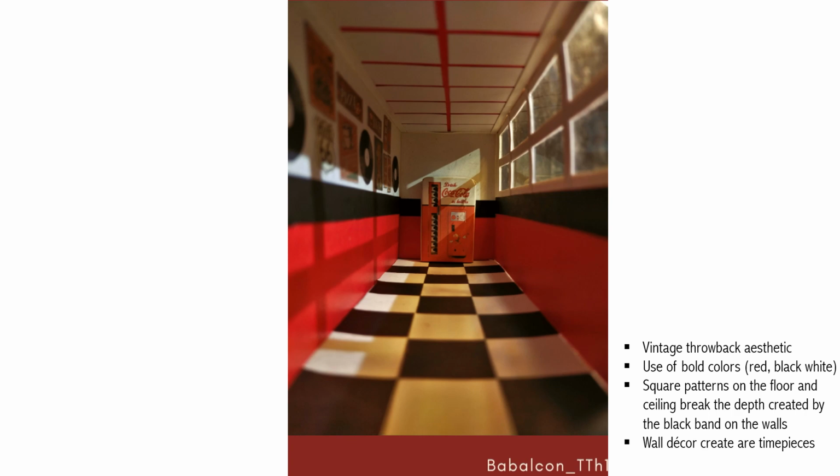So the black band of the walls tend to point and speed up your vision towards the end object. But because of these square patterns on the wall and on the ceiling, and of course the windows on the upper right side, that speed is counteracted.